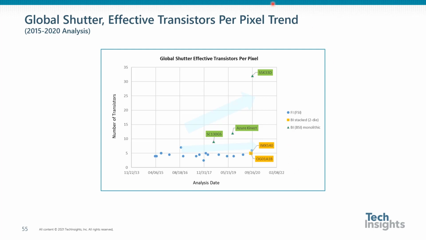We have also analyzed sensors as in the Samsung 33D that had a significant number of transistors. There's no pixel sharing in this case, and this is what we see in terms of the higher number of transistors per pixel. So overall, the trend is a continuation of what has been observed previously.